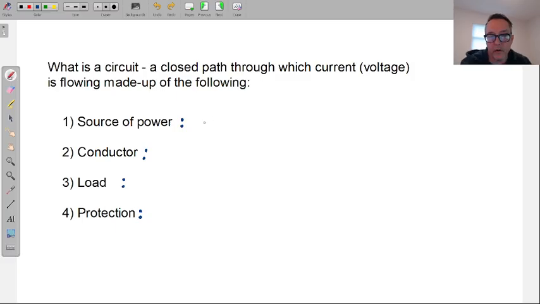So the first thing that we're going to need is a panel. This is a power source, or a source of power. Usually we have panels. That is where we're going to find whether or not circuits are on, breakers live in there. But sources of power are not always that. So I'll put a couple more just to get your brains into the world of what power sources can be.